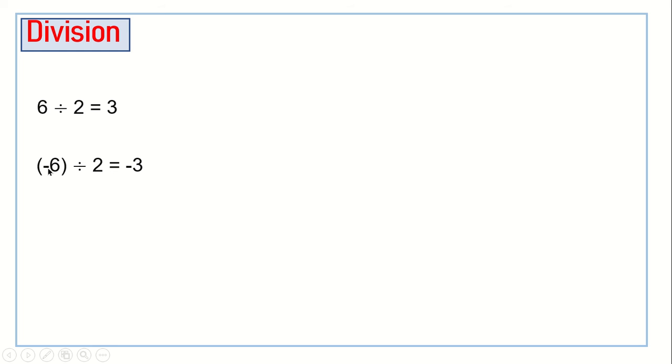Look, negative 6 divided by 2, we get negative 3. What does this imply? It means that a negative number divided by a positive number, we get a negative number.